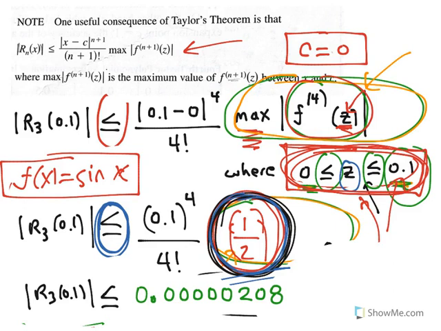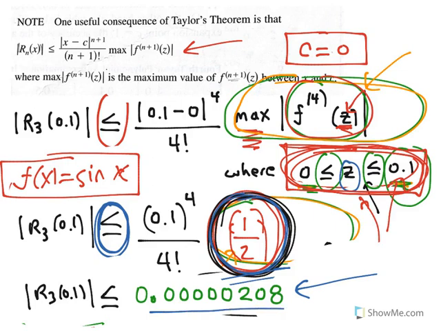So what that means is that we can be absolutely confident that when we're approximating sine of 0.1 using the third degree Taylor polynomial centered at 0, our approximation, by evaluating our third degree Taylor polynomial at 0.1, will have an error that's no greater than this amount.